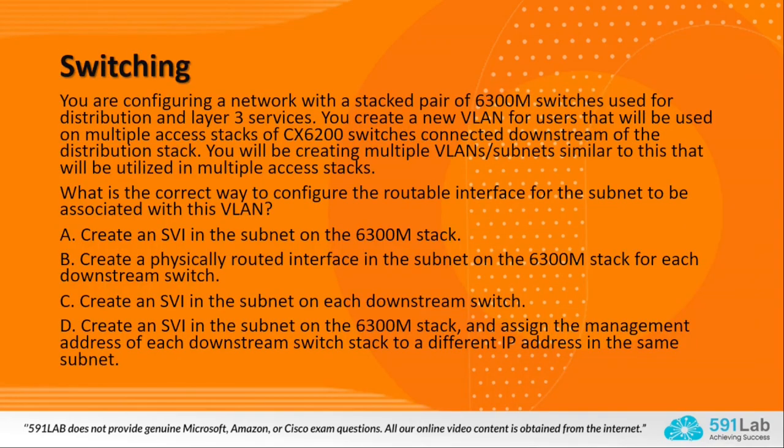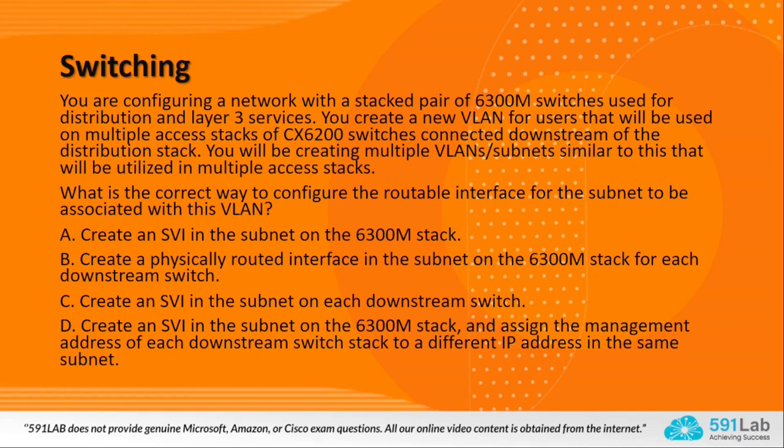Switching. You are configuring a network with a stacked pair of 6300 switches used for distribution and layer 3 services. You create a new VLAN for users that will be used on multiple access stacks of 6200 switches connected downstream of the distribution stack.